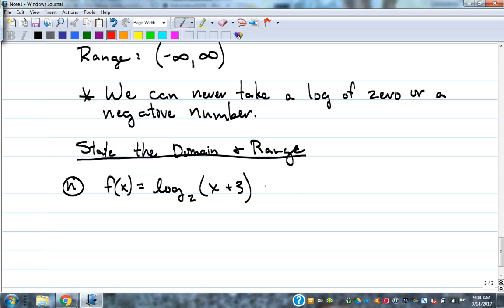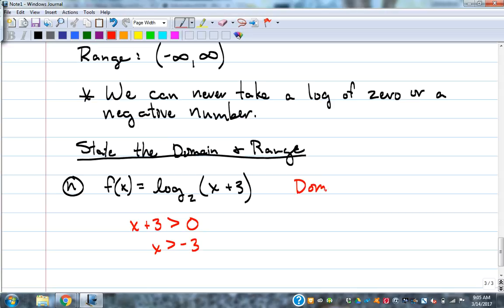To do that, we take whatever we're taking the log of and make it greater than 0 and solve it. That's going to help us with our domain. Because we need to be taking the log of what kind of number? A positive number. Not equal to, because we can't take the log of 0 either. x has to be greater than -3.